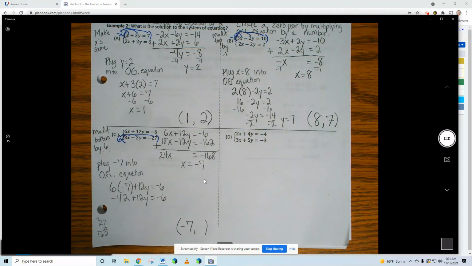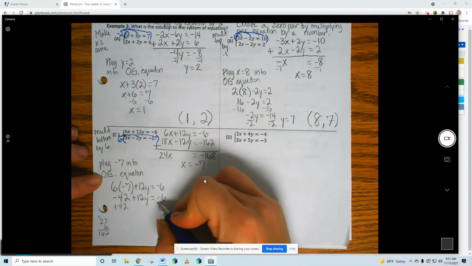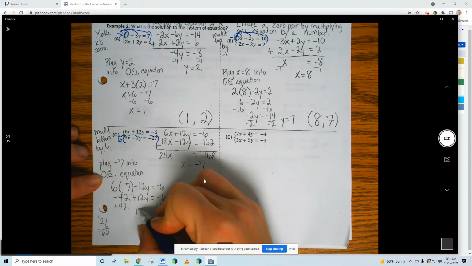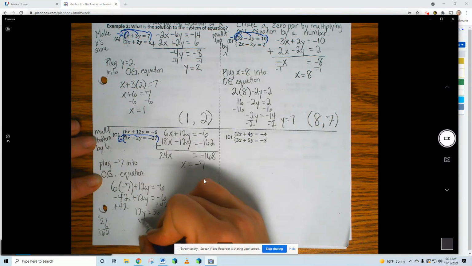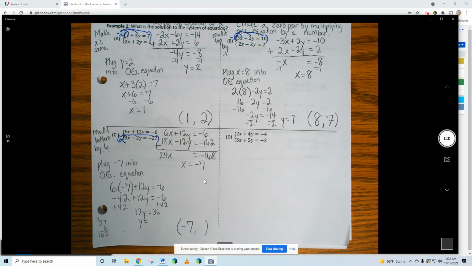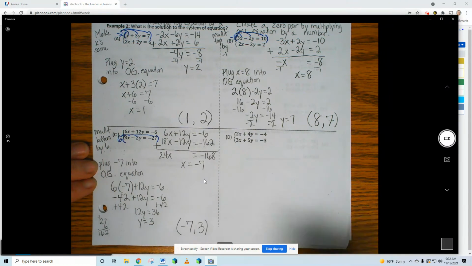Can you guys solve it on your own? Tell me what you get. I got a 3. Did you get a 3? Y equals 3.